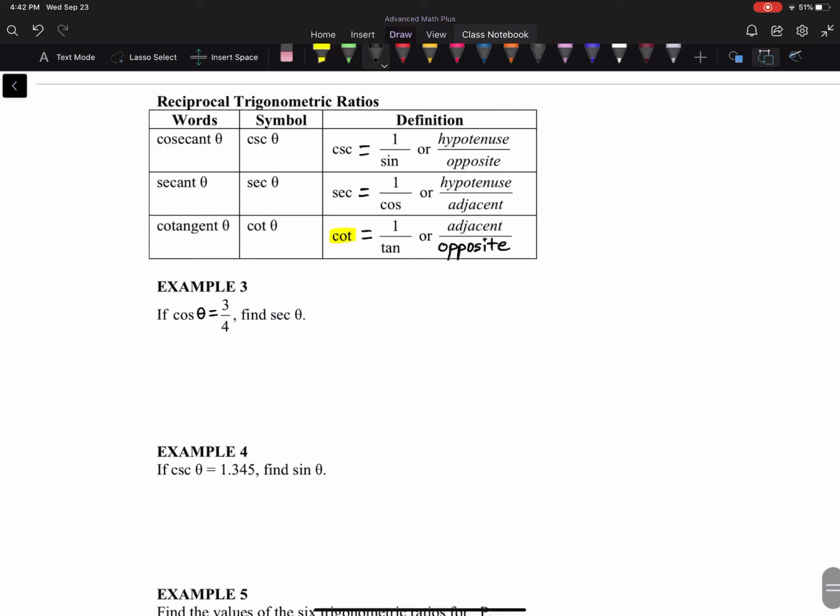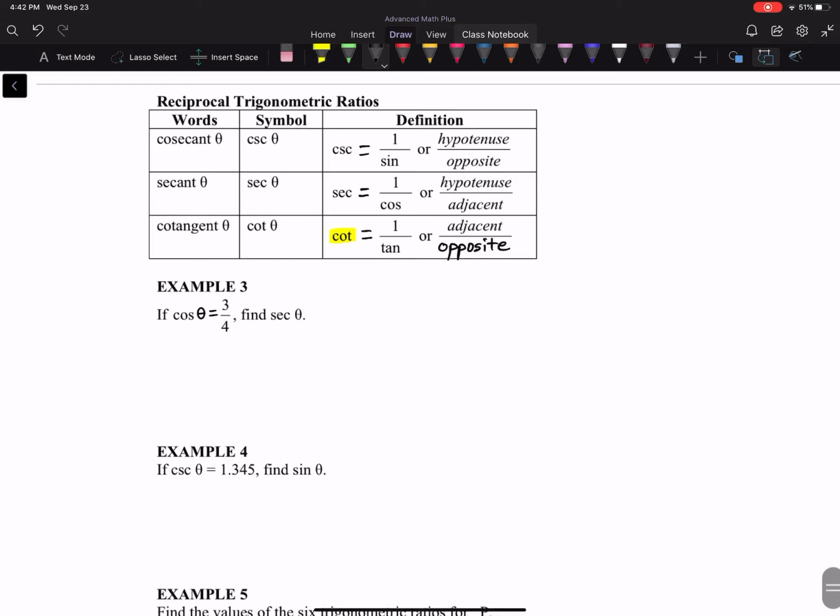I love math, but I do not like this wording. It would have made a lot more sense for sine's reciprocal to be cosine, secant's reciprocal to be cosecant, and tangent's reciprocal to be cotangent. Well, they got 1 out of 3. So for some reason, sine's reciprocal is cosecant, and secant's reciprocal is cosine, or cosine's reciprocal is secant, however you want to think about it.